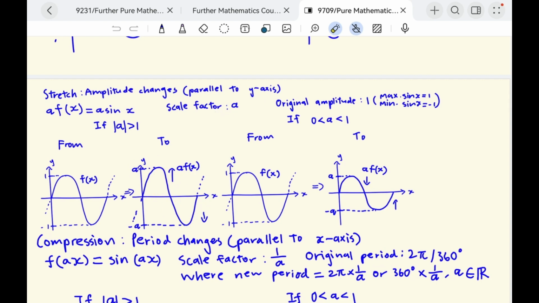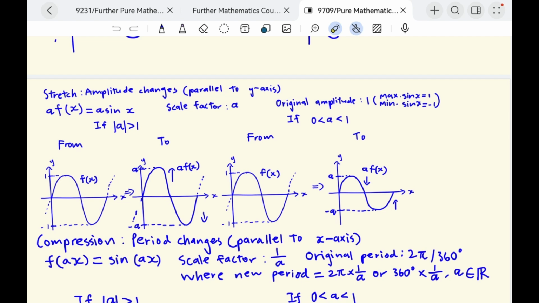Initially an ordinary sine graph has amplitude of 1 in magnitude, and if you stretch the sine graph, you multiply the original amplitude by a, where a is a scale factor. So this is the result after the stretch by scale factor of a.